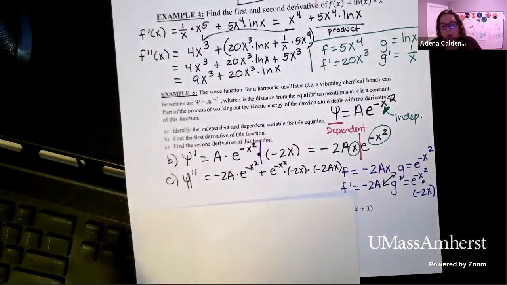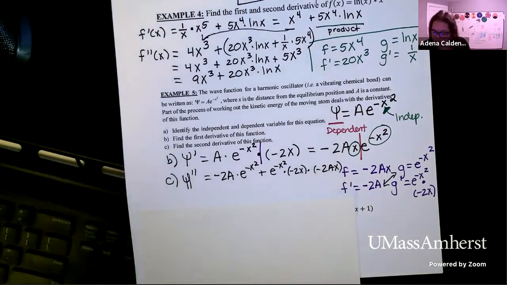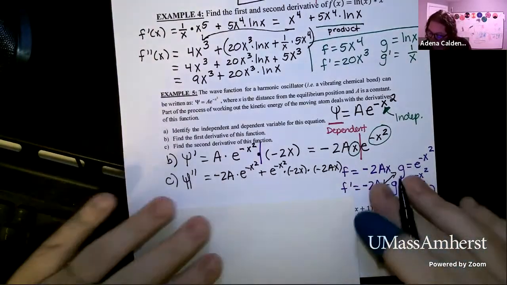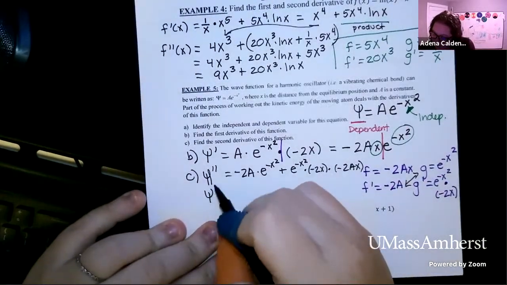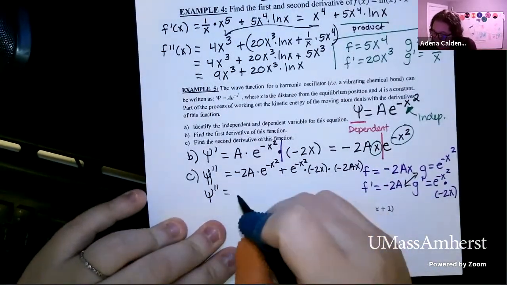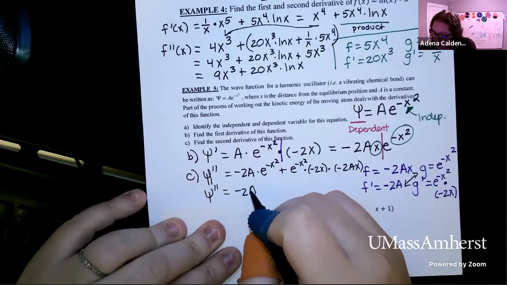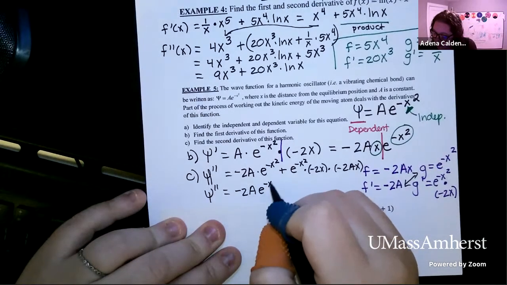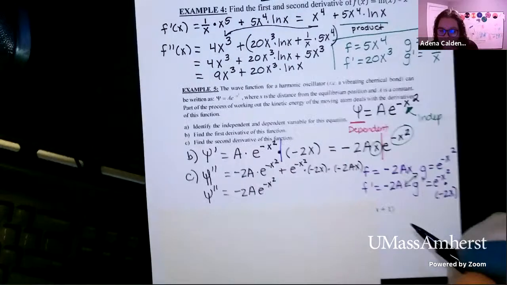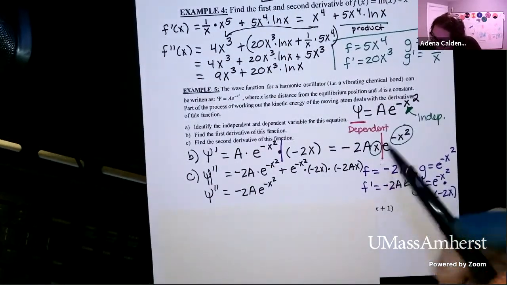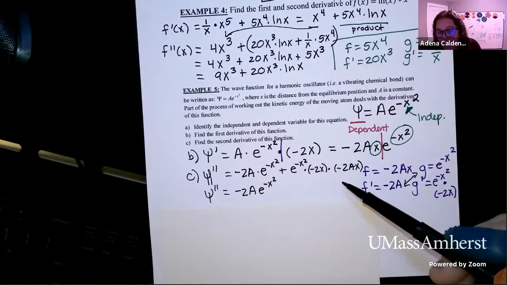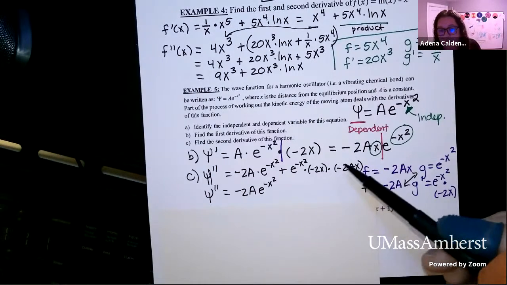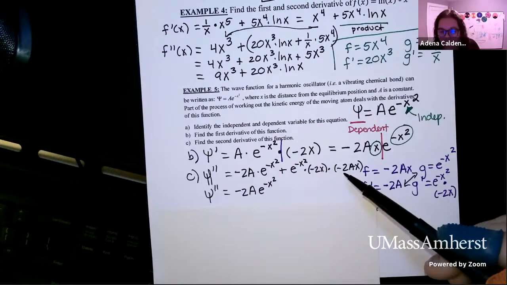Okay, so I'm going to do a couple of simplifications and rewrite so you can see how we would be writing this and how we might simplify it. The first term is already in the form that we would likely write it, with the negative 2a in front. Now, here I have a negative 2 and another negative 2. So the negatives are going to cancel, but my constant is going to become 4.